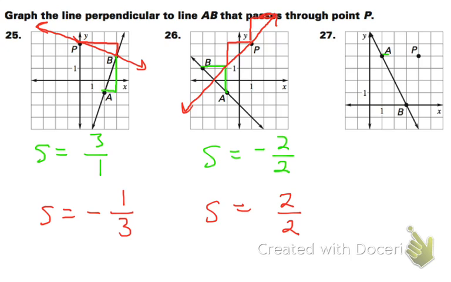For the next one, I get over 2, down 4. This has a slope of negative 4 over 2. That means the slope of my other line, my perpendicular line, is going to be positive, opposite sign, and then reciprocal, so flip that fraction over, 2 over 4, which is actually the same as 1/2. You could also write that. So I'm going to start at P, and then I'm going to go up by 2 and over by 4.